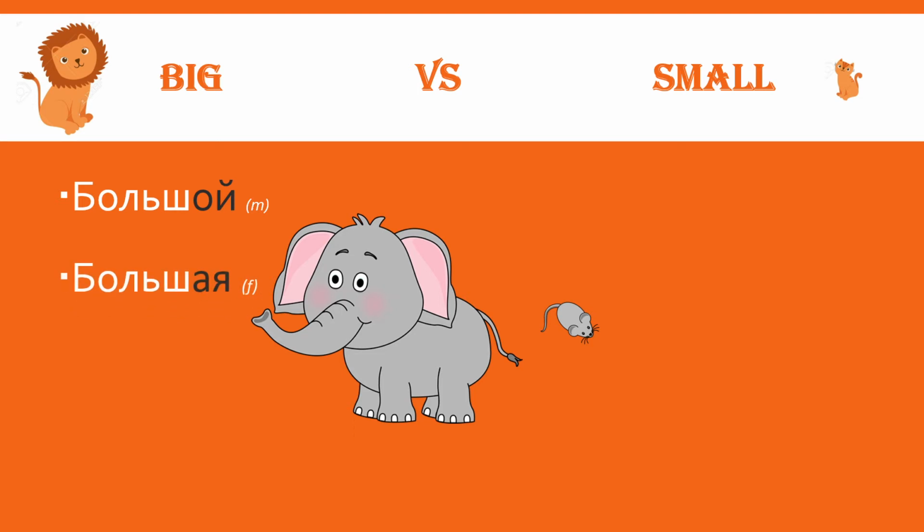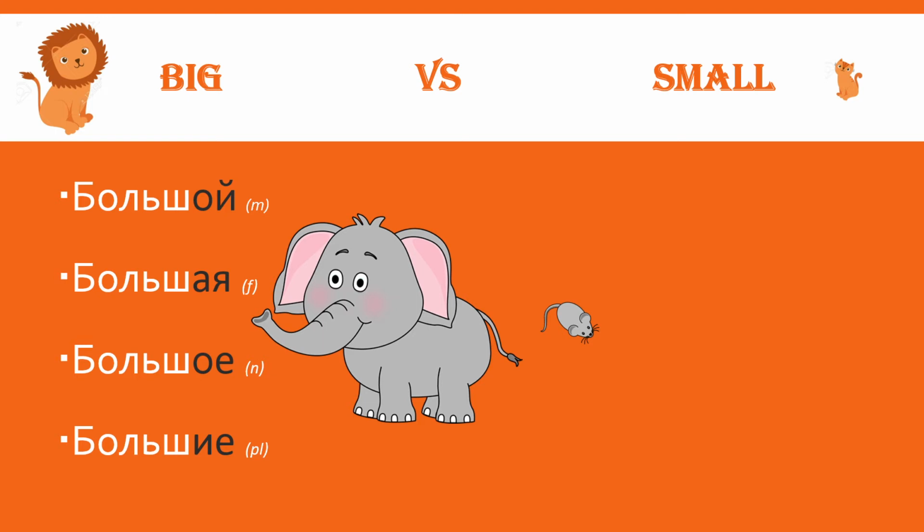Большая. For neutral, большое. And for plural, большие. So make sure you have the pronunciation. Repeat after me. Большой, большая, большое, большие.